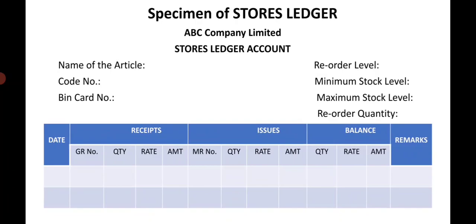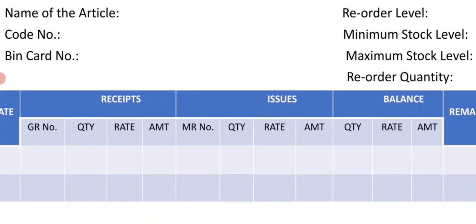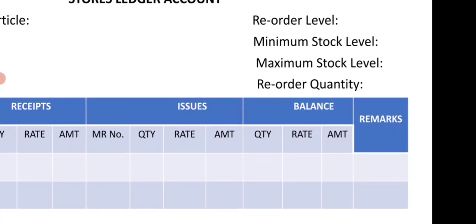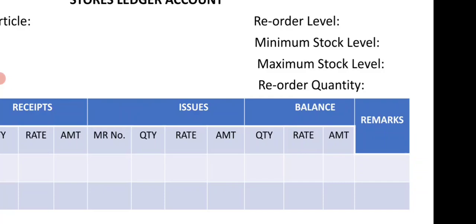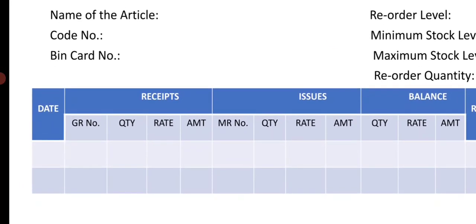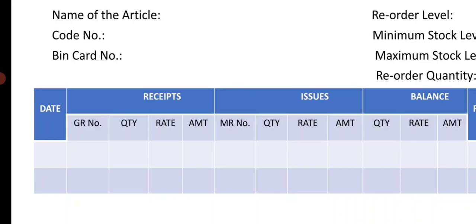Here also there are 5 main columns. First one is date, second one is receipts, third one is issue, fourth is balance, and the last column is remarks. In the receipts column there are four sub columns, that is GR number, that is goods received note number, and next is the quantity column, next is the rate column, and amount column last.